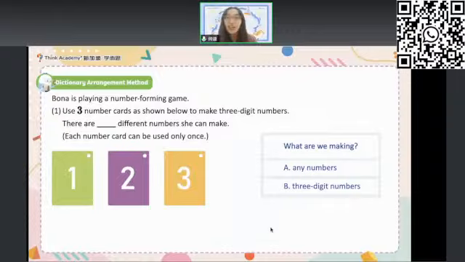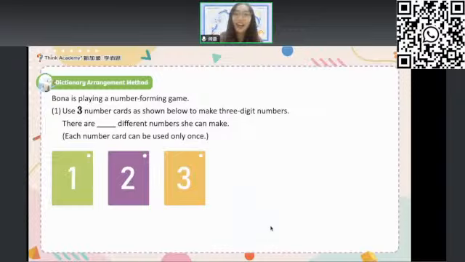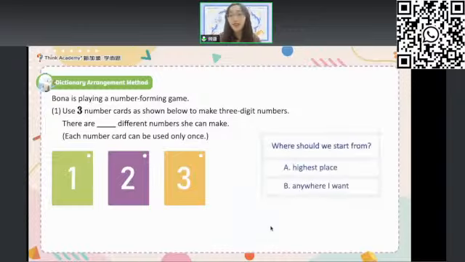So always be careful about the number of digits. Okay, and then for the second question, where should we start from? Should we start from the highest place or anywhere I want? Freestyle, right? Okay, so here we need to start from the highest place.